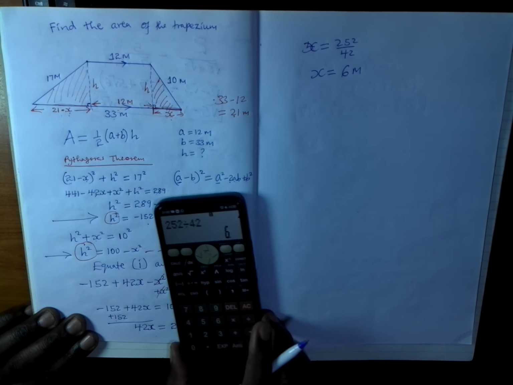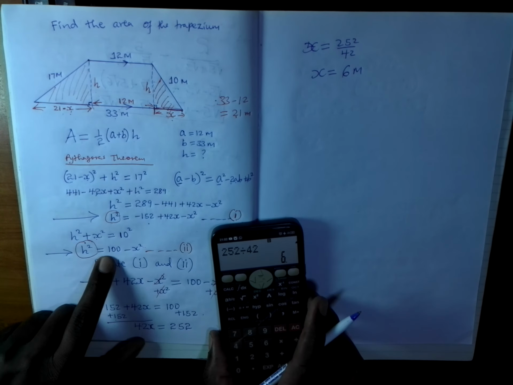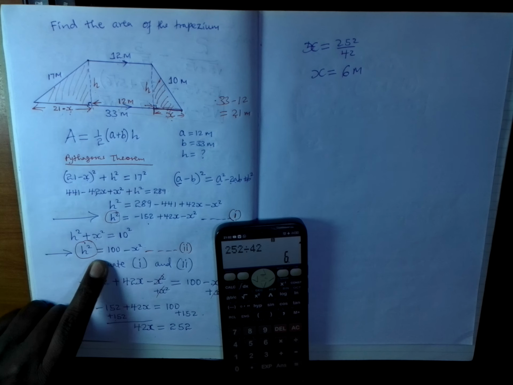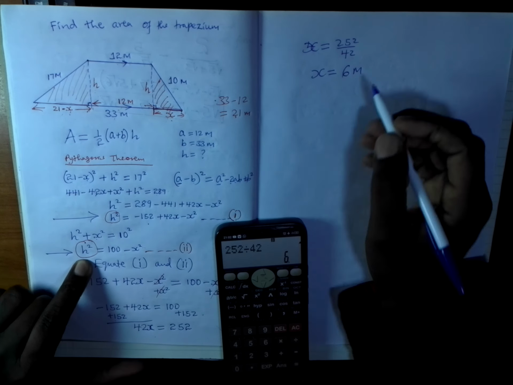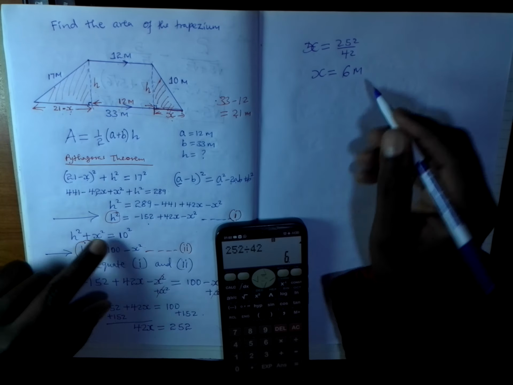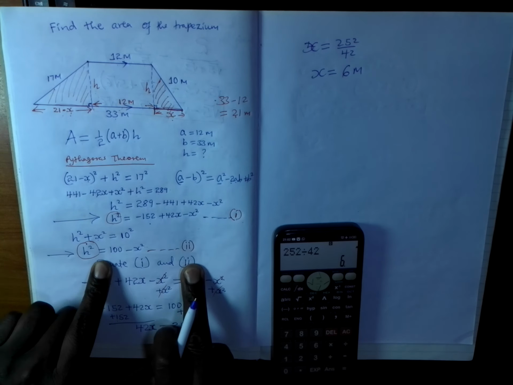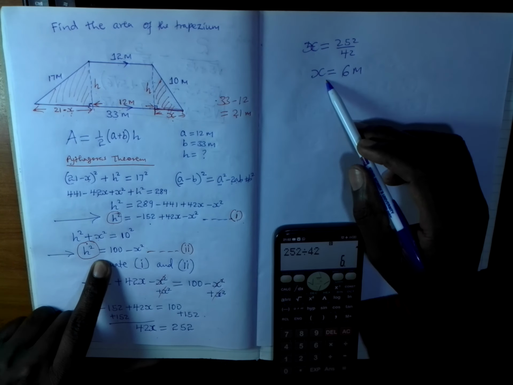Since x is equal to 6 meters, we can use one of the equations to get h. So pick either equation 1 or 2, and substitute the value of x, and we get h.